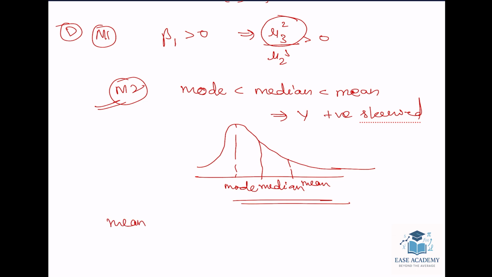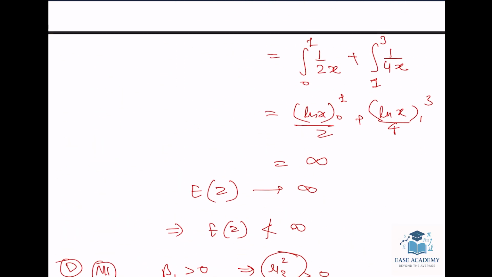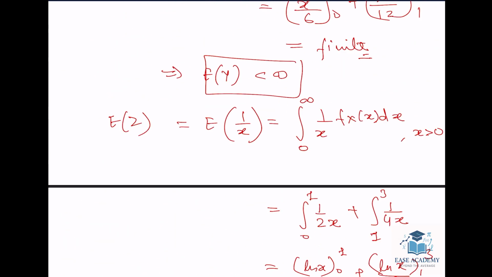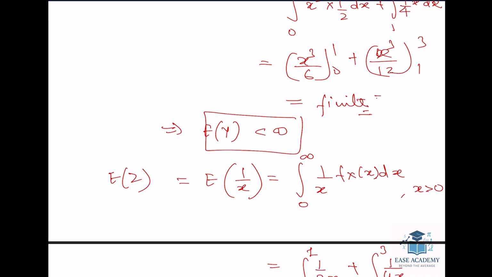So mean is basically expectation of y, which we have seen from here, that is 1 by 6 plus 9 minus 27 minus 1 by 12, that is 1 by 6 plus 26 by 12, that is 28 by 12, that is 14 by 6, 7 by 3.